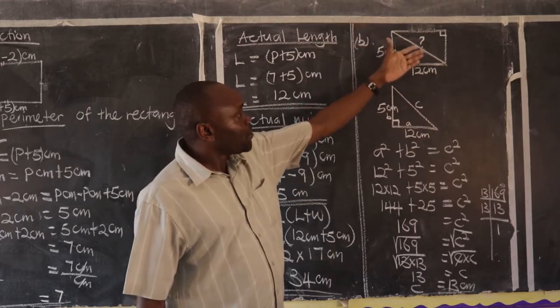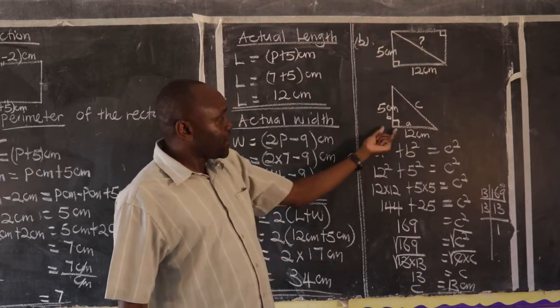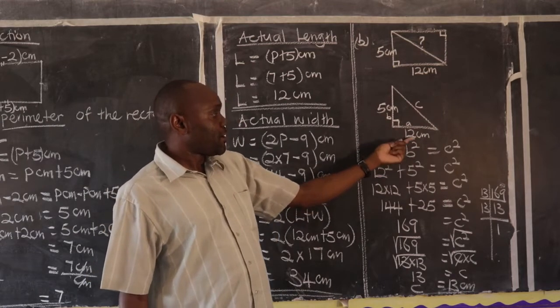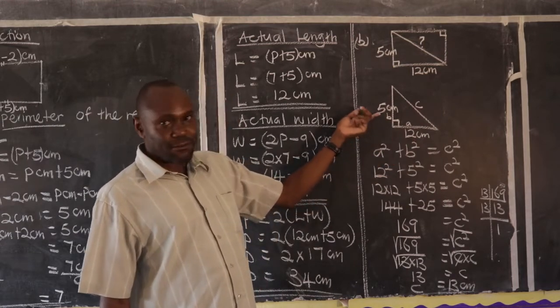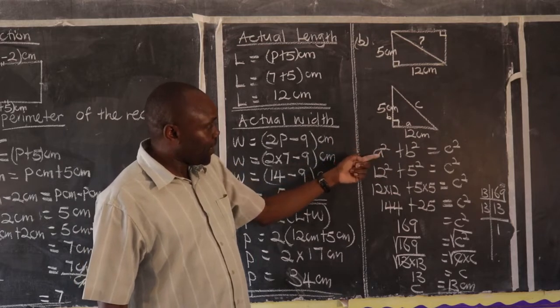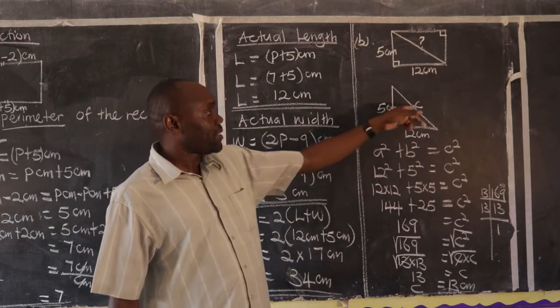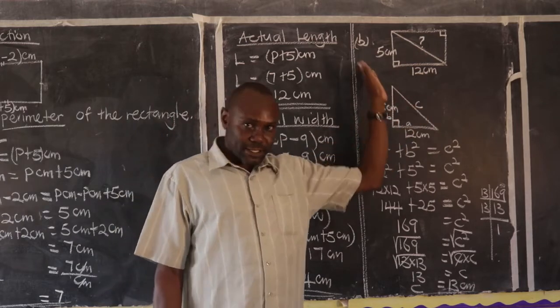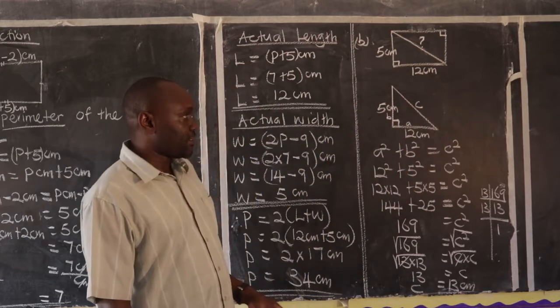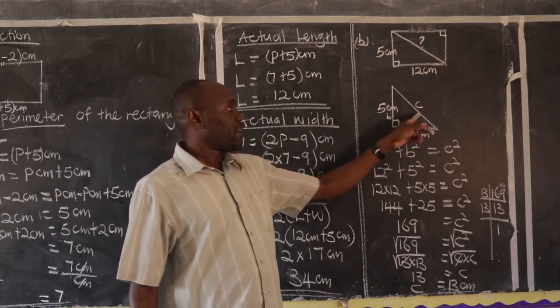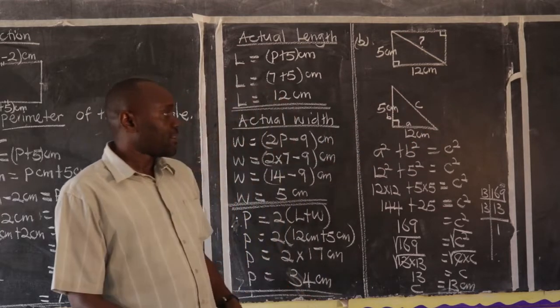This is how we can find it. You pull it out from the rectangle and you now have your right angle triangle. Here we have 12 and here we have 5. So when you square, A square plus B square, this is our A, this is our B, and this is our C. Always the longest side is the C. We call this one the short leg, and this one also a short leg, and this one is the longest.